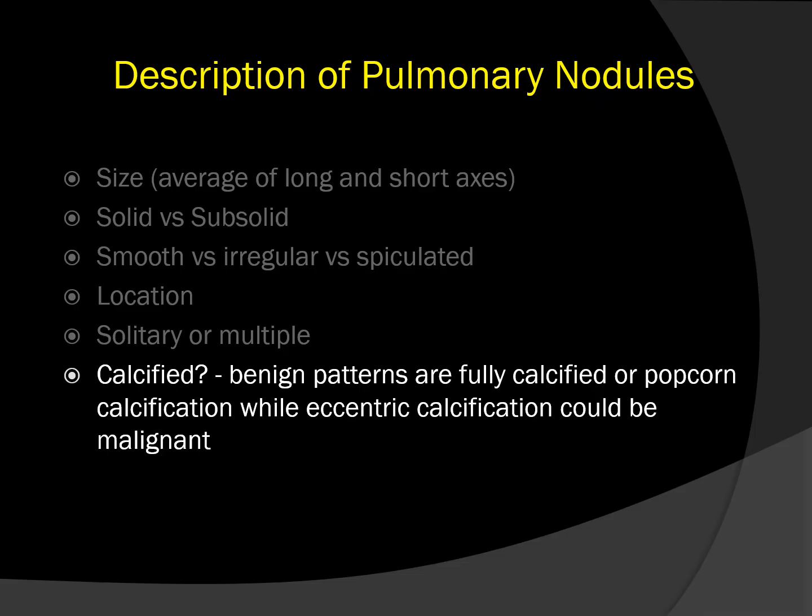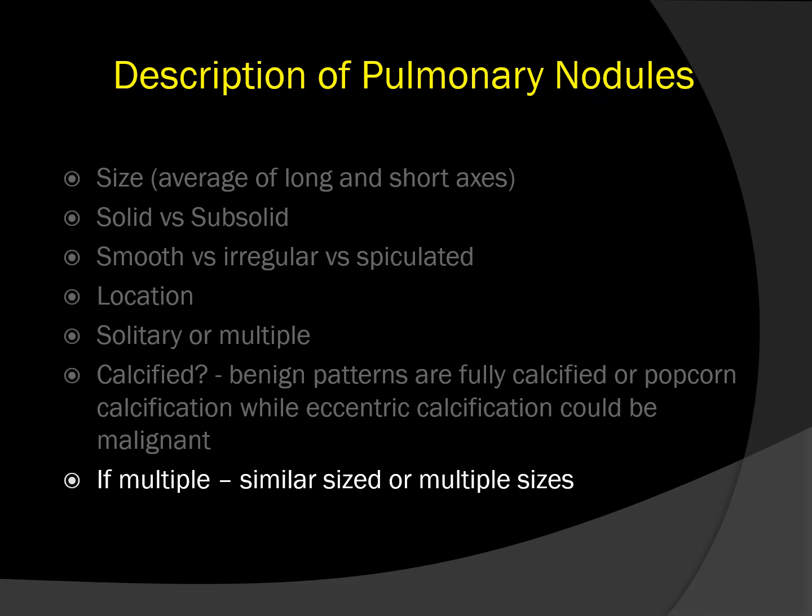For example, there may have been an old scar that was calcified, and later in life, growing out of the scar, away from the calcification area, could be a cancer. So there are occasions when a calcified nodule could be malignant, but most calcified nodules are benign because they're fully calcified or they have very specific patterns such as popcorn calcification.